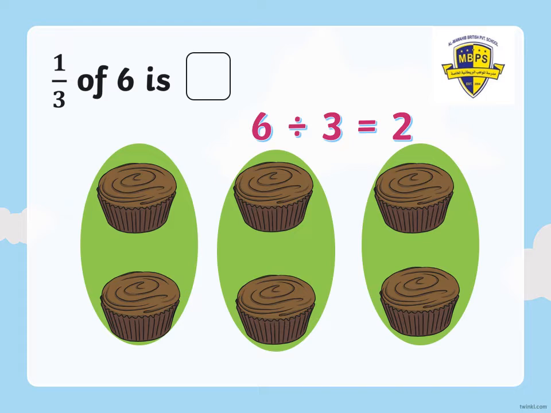So 6 divided by 3. Now in the tables of 3, 3 times which number is equal to 6? Very good. 3 times 2 is equal to 6. So what is 1/3 of 6? Excellent. 1/3 of 6 is equal to 2.